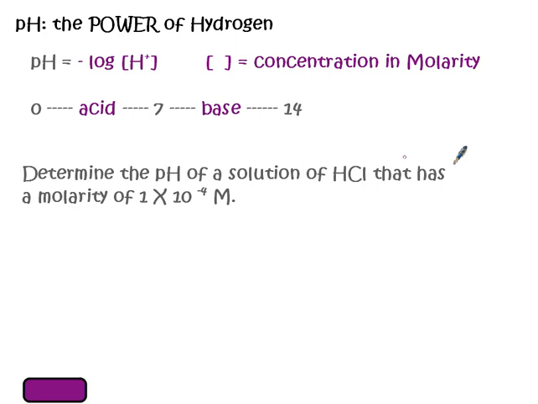So let's talk about how to turn this information, the concentration of an acid, into a pH. How do I know what the pH is of this acidic solution that I have the concentration of here? Well, I'm just going to use my formula, and I'm going to go minus the log of the hydrogen ion concentration. Remember that this HCl dissociates into hydrogen ions and chloride ions.